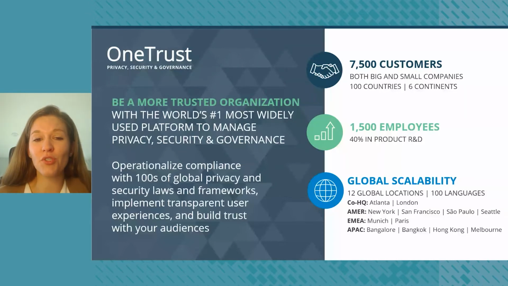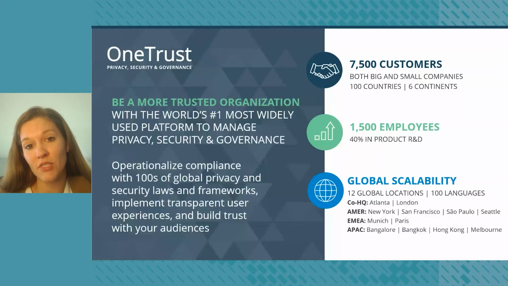At OneTrust, we have customers all over the globe, both big and small companies across over 100 different countries. And we have a global team supporting those customers to help roll out solutions for privacy laws, security laws, and changing regulations around the globe, making sure our customers can operationalize solutions to keep their businesses moving forward.